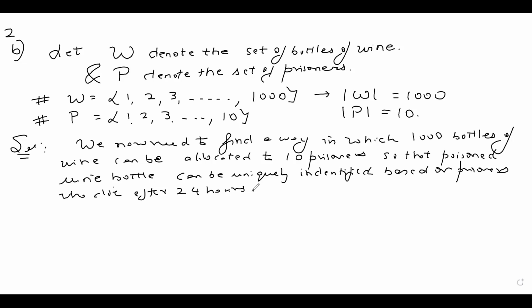So we need to see how we can distribute 1000 bottles of wine among 10 prisoners so that you can see from the death of the prisoners which wine was poisoned.